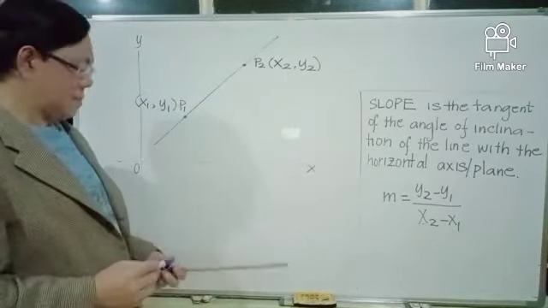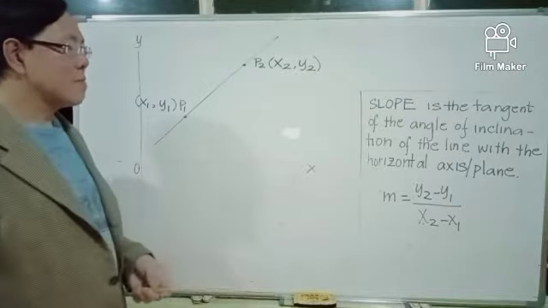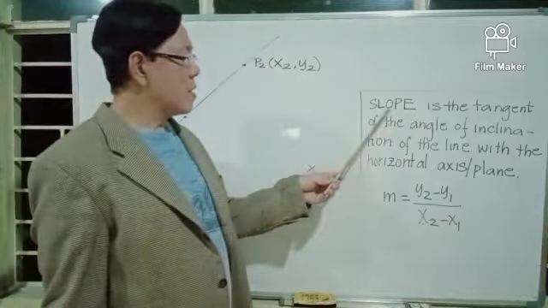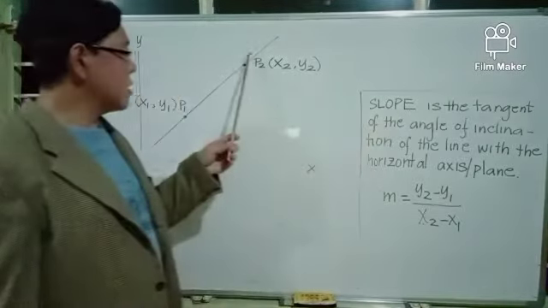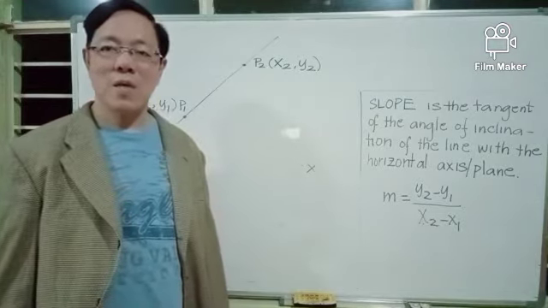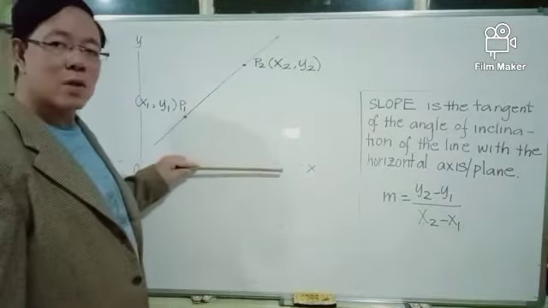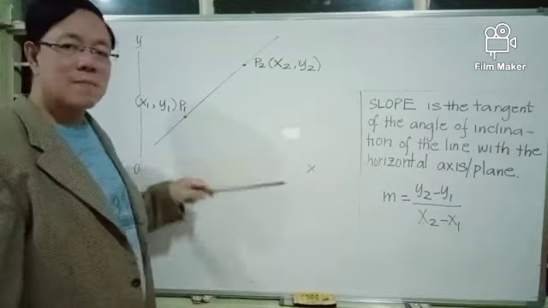Now, this is the horizontal axis, and the slope of this line is defined as the tangent of the angle of inclination of this line with respect to the horizontal axis.